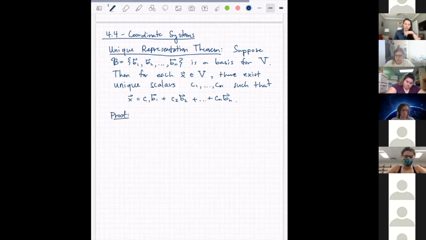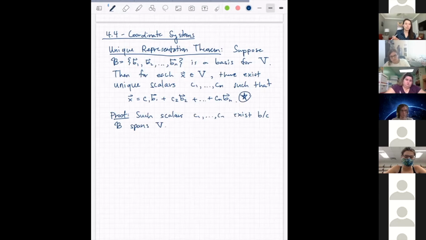Okay, so such scalars C1 up to Cn exist because the basis B spans V, right? So we know that we can write X equal to this sum right here.